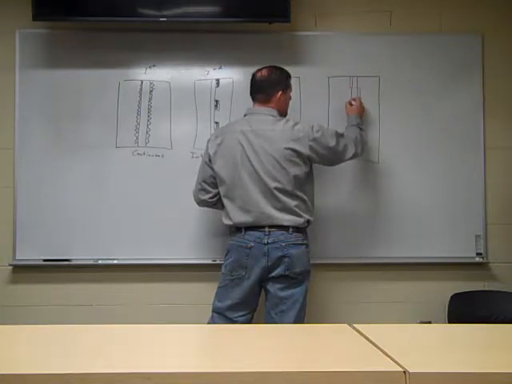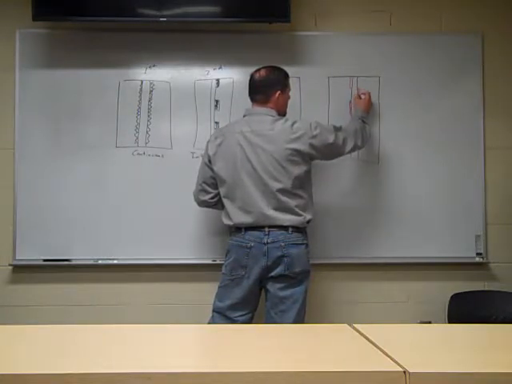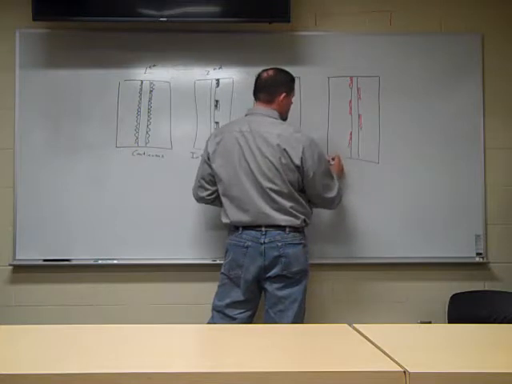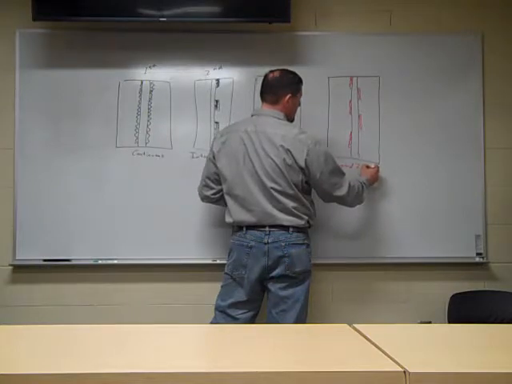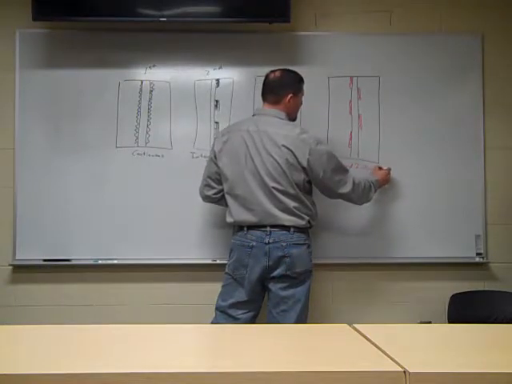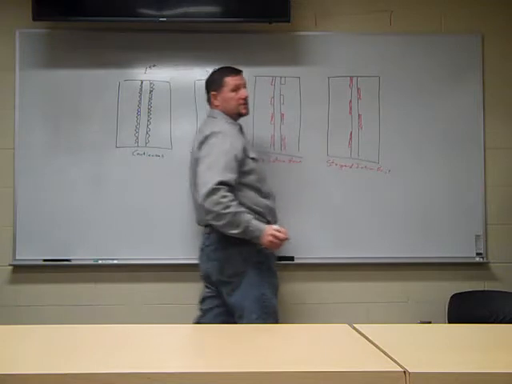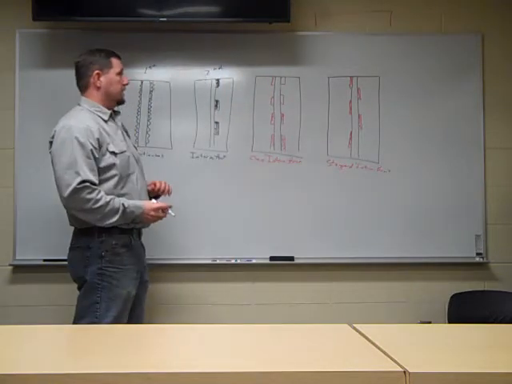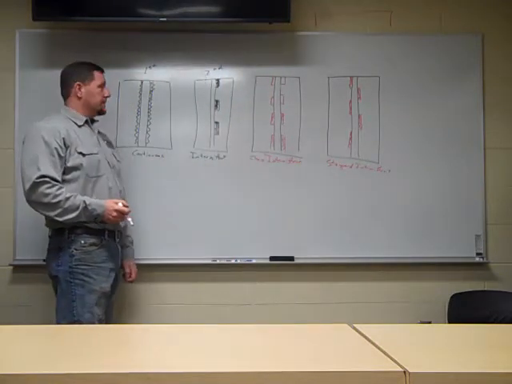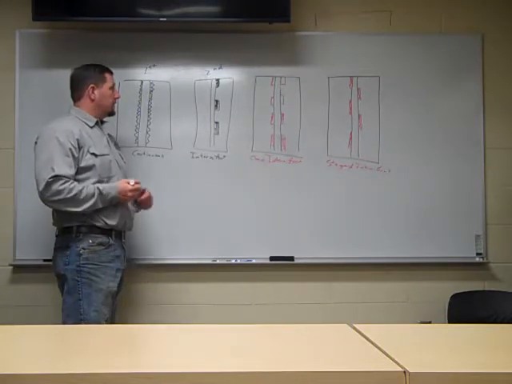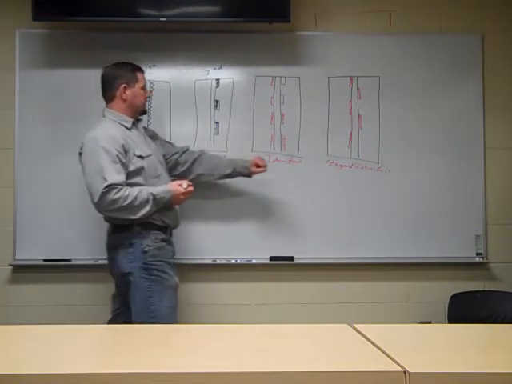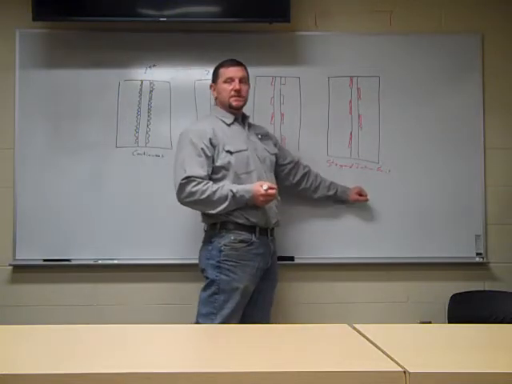So they're staggered. Intermittent. Be sure you understand these. If you do not, make sure you contact your instructor. Your test, you're going to have to determine what it is by the symbol. So we got continuous, intermittent, chain intermittent, staggered intermittent.